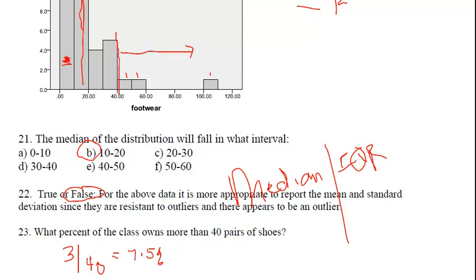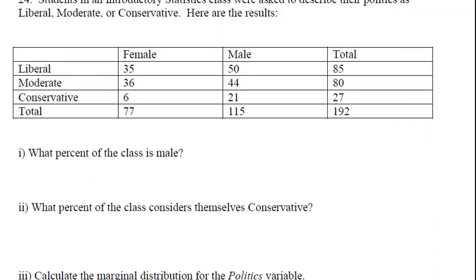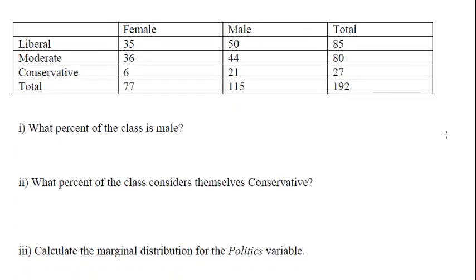Okay, great. And we have time to go over the last page on this video. This is what we call a two-way table. We have 2 categorical variables. We have the political affiliation, liberal, moderate, or conservative, and we also have gender.